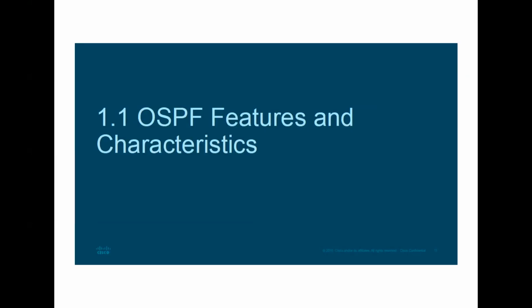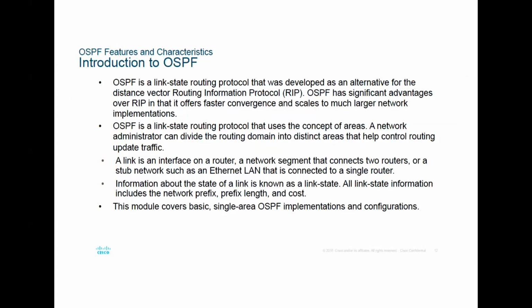Okay, OSPF features and characteristics. Introduction to OSPF. OSPF is a link state routing protocol, one of the protocols that was developed as an alternative to the distance vector routing protocol, Routing Information Protocol, or RIP, which was used before.